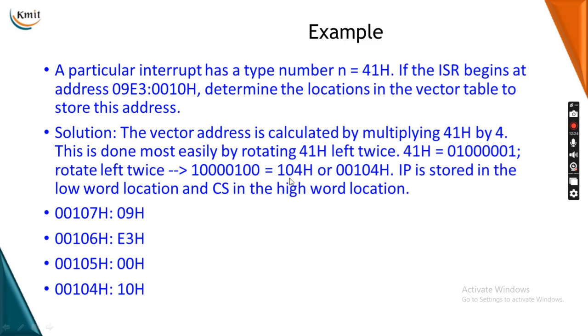Rotate left twice, so we will get 104H. IP is stored in the low word location and CS in the high word location.